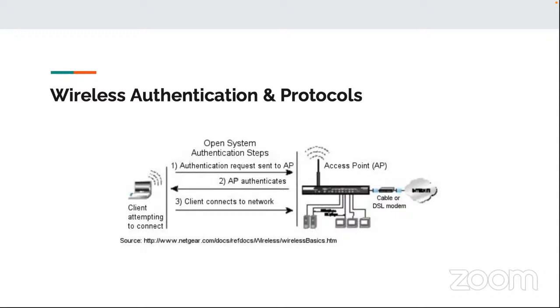That's WPA Personal. WPA Enterprise relies on RADIUS. Users have to have unique credentials and are uniquely identified, so connecting that to an authentication server in order to allow individual users access.